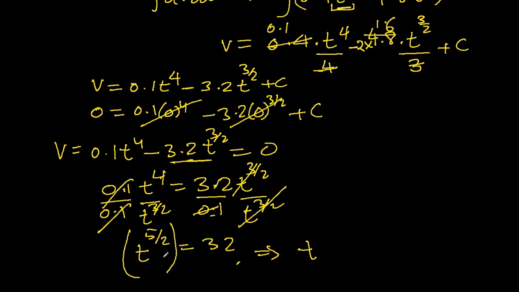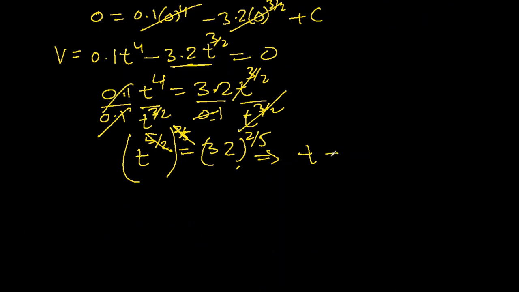Whenever we want to get rid of an exponent, we give it another exponent which is its reciprocal. So I give this another exponent 2/5, and I'll give that exponent to the right side also, so that 2/5 and 5 over 2 cancel out. We are left with only t, and this gives us 32 to the power 2/5, which is 4 seconds.